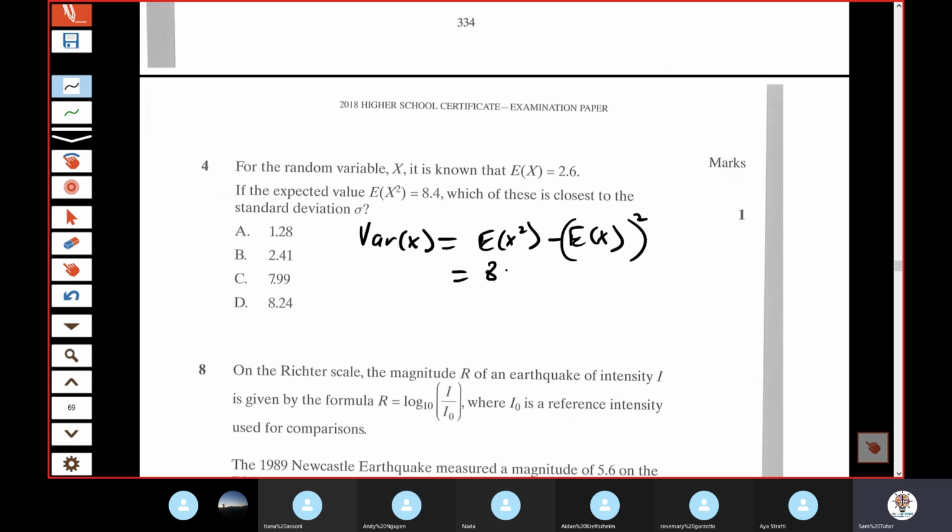E(X squared) is 8.4 minus 2.6 squared. And then standard deviation equals square root of that. Easy one, Marcus.